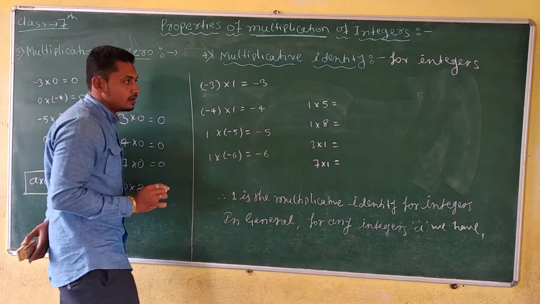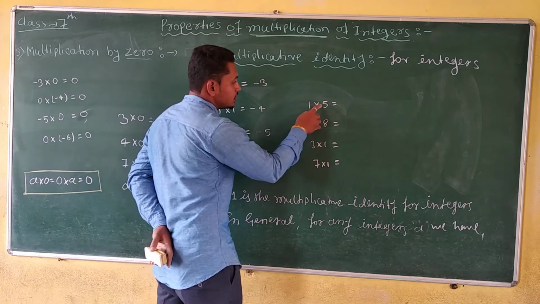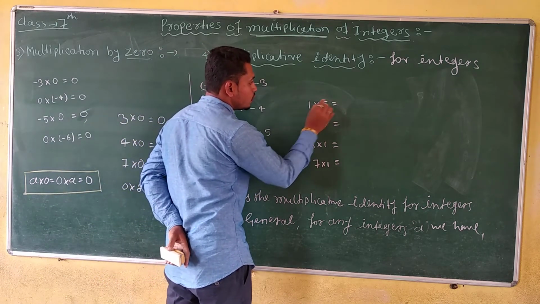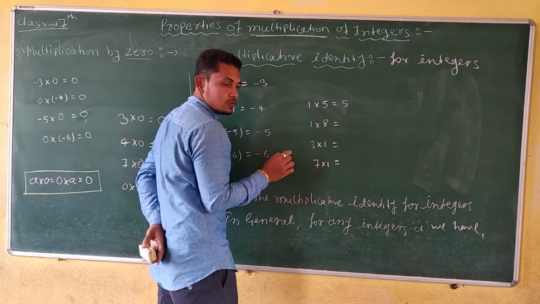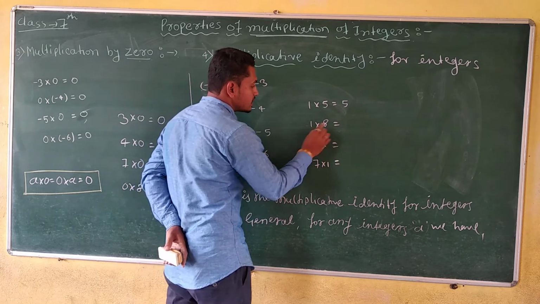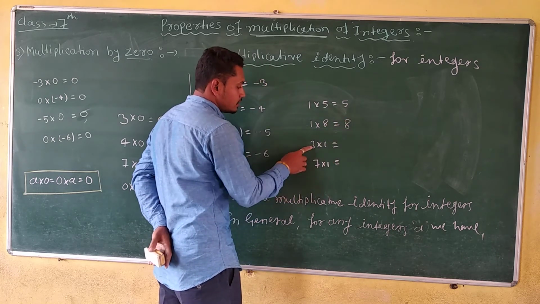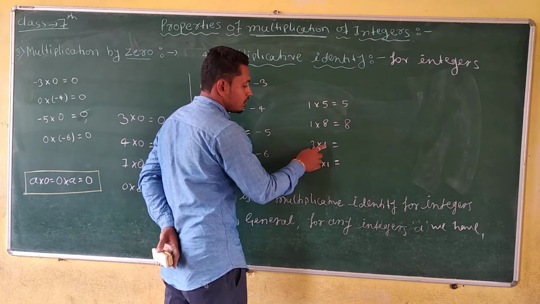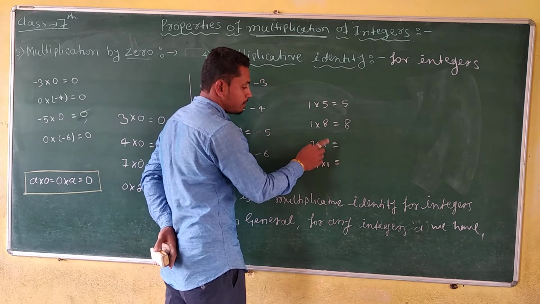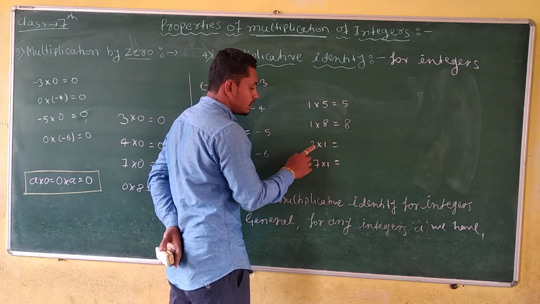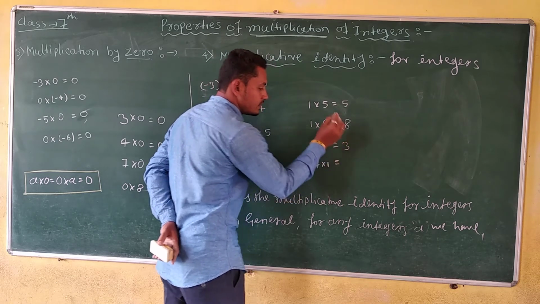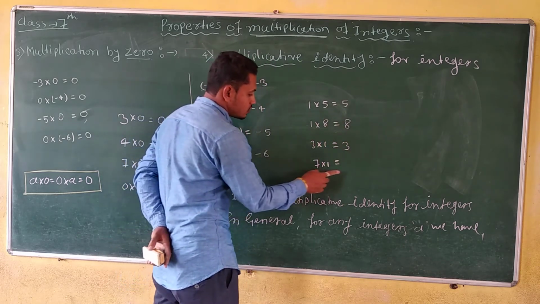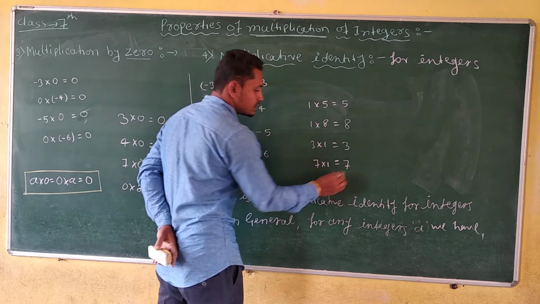Plus into minus is minus, then 6 ones are 6. It is also the same: plus into plus is plus, then 5 into 1 is 5. Plus into plus is plus, 8 ones are 8. Plus 3 into plus 1, plus into plus is plus, 3 ones are 3. 7 ones are 7.